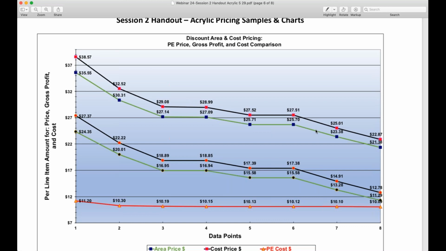This is one that I've used for illustration for a long time. Notice that whether you're discounting or not discounting, the cost stays relatively constant, and it's the price and the margin that get fully impacted by whether you're discounting or not.